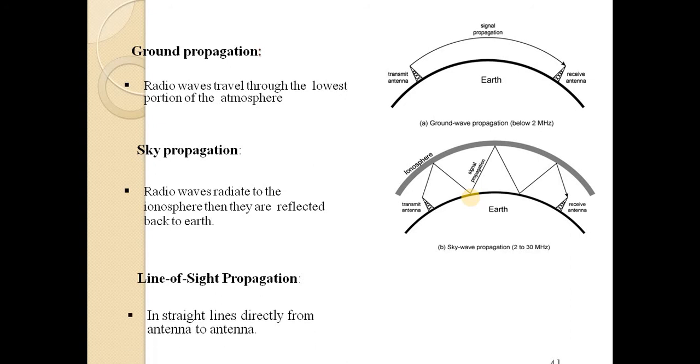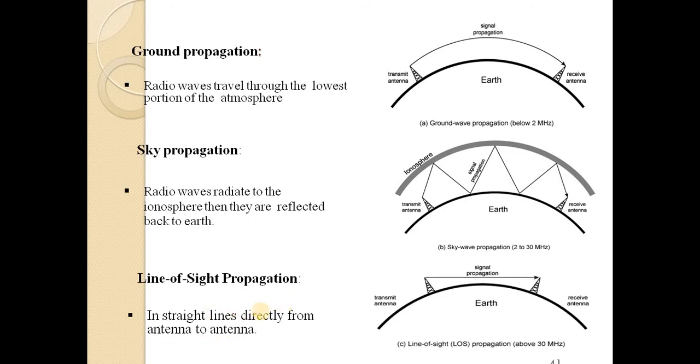Let us see the theory of line of sight propagation. It goes in straight lines directly from antenna to antenna. The waves emitted by the transmitter antenna travel directly to the receiving antenna.